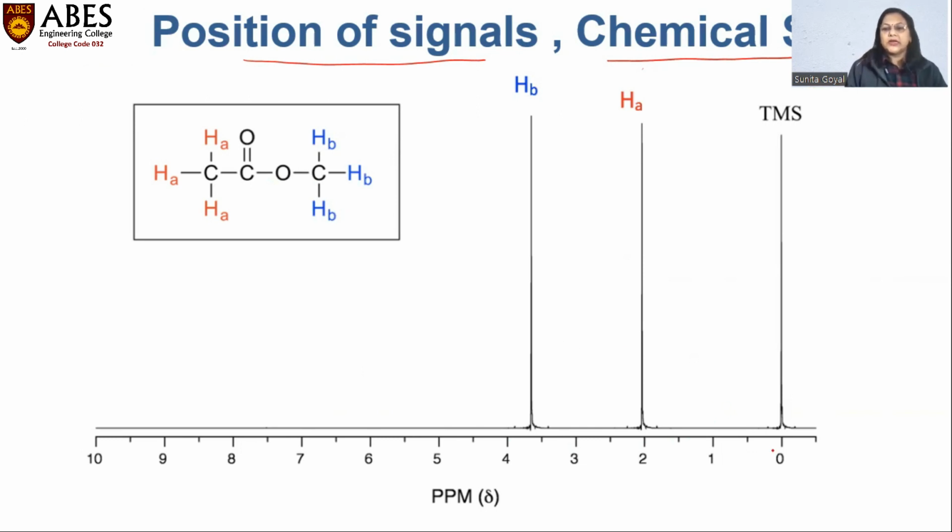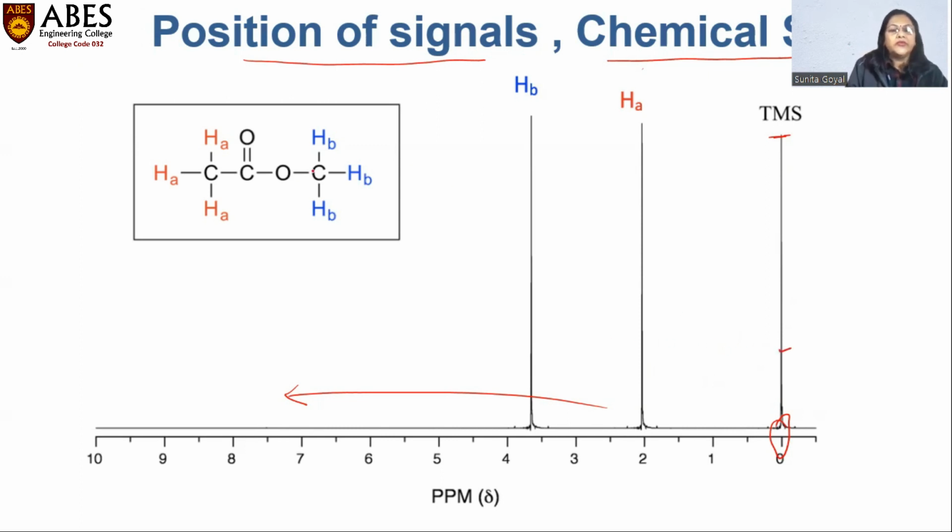The scale starts from right hand side to left hand side. The signal of TMS is kept at 0, therefore it is known as the reference. We can see here it is a tall peak of TMS and it is a single peak at the rightmost position. Most of the signals can be seen on the left-hand side of this TMS signal.